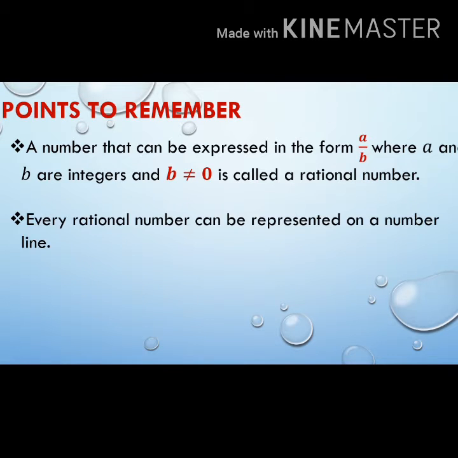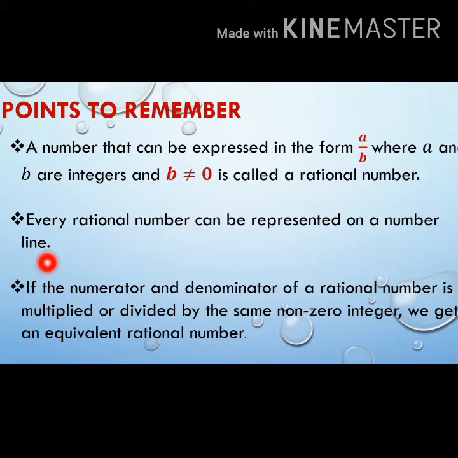Every rational number can be represented on a number line. If the numerator and denominator of a rational number is multiplied or divided by the same non-zero integers, we get an equivalent rational number.